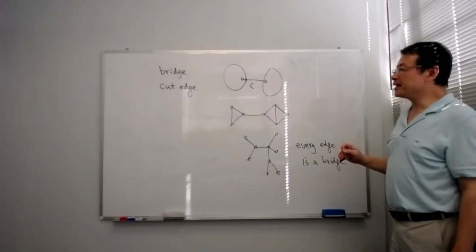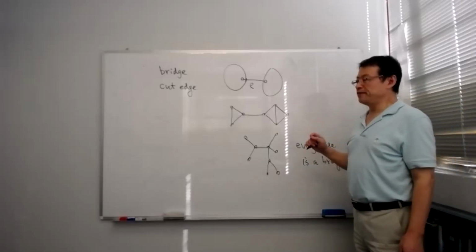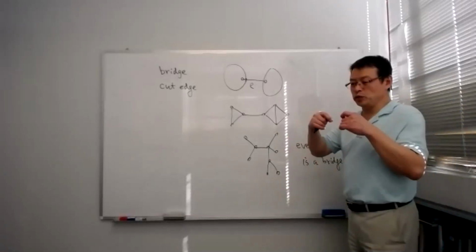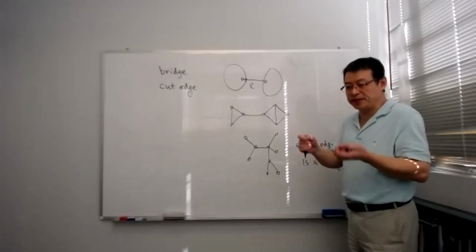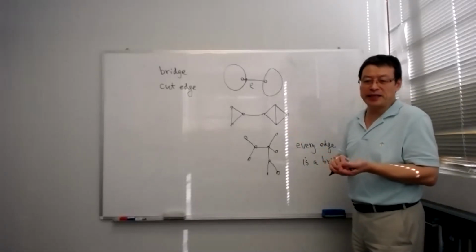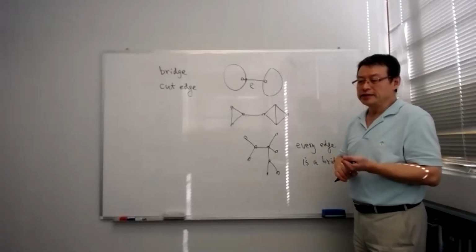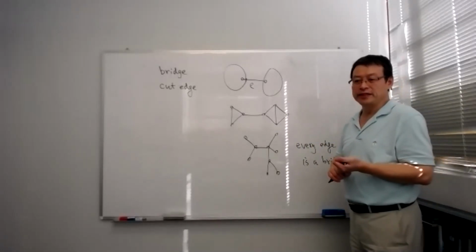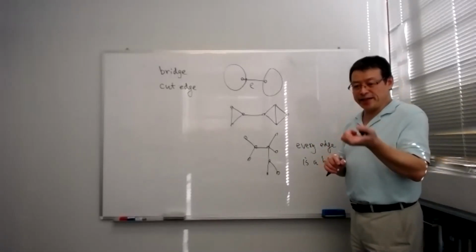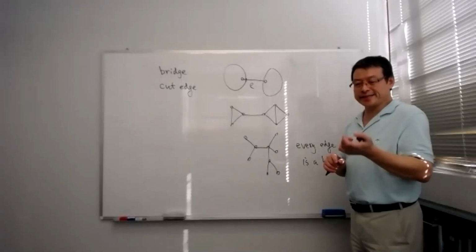But technically, we have to be careful. The definition of a bridge is not simply an edge whose deletion will break the graph into pieces, because the graph may have several pieces already. For a connected graph, an edge is a bridge if its deletion will create a disconnected graph.